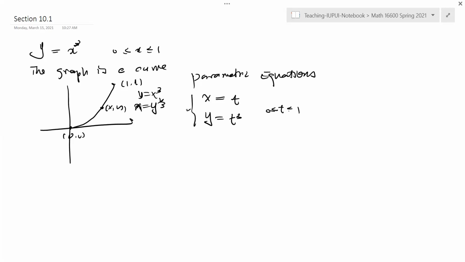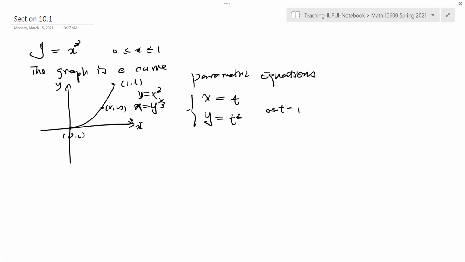You let t change from 0 to 1, and then x and y both change, and you get a moving point in the xy plane. That moving point's orbit is going to be the curve, which is the graph of y equals x cubed.